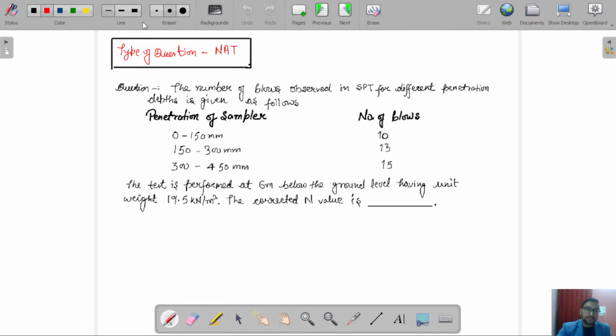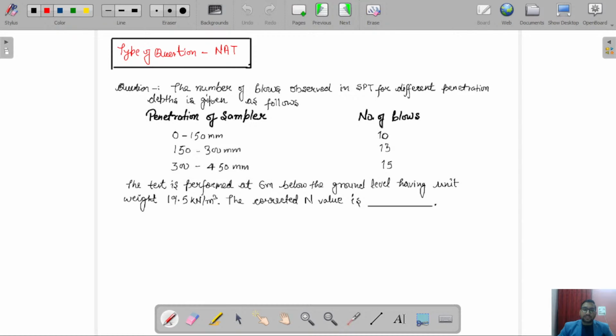Okay. Now we have a question from our SPT test, standard penetration test. The number of blows observed in SPT for different penetration depth is given as follows.